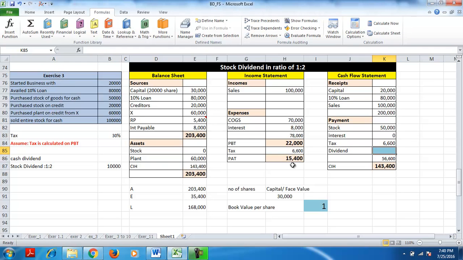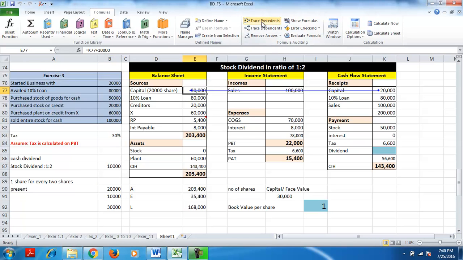The stock dividend is in the ratio 1:2, which means one share for every 2 shares. At present the company has 20,000 shares, and you are giving 10,000 shares, so the total number of shares post dividend will be 30,000 shares.